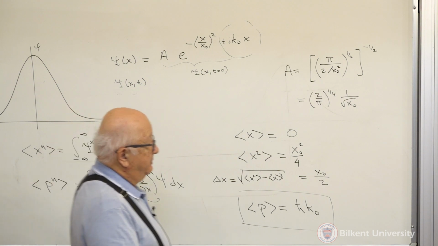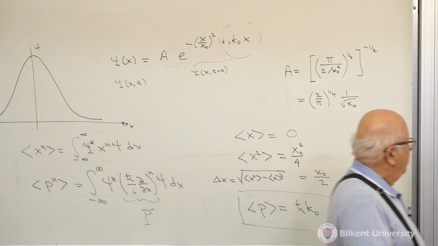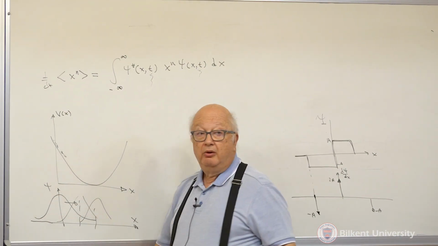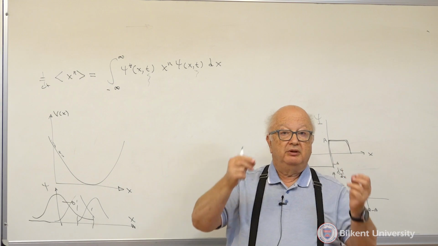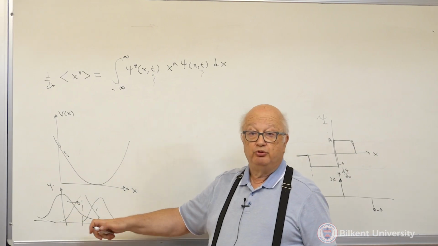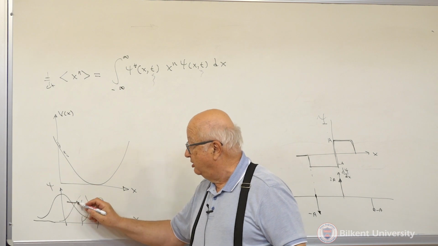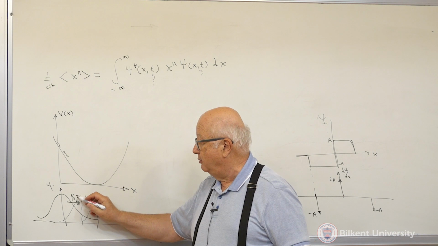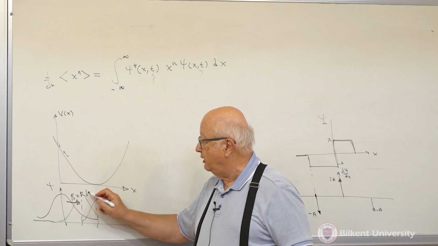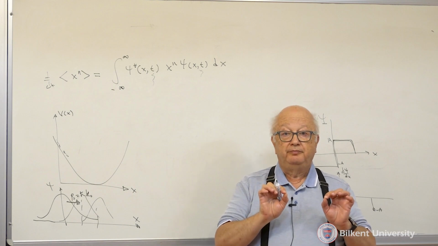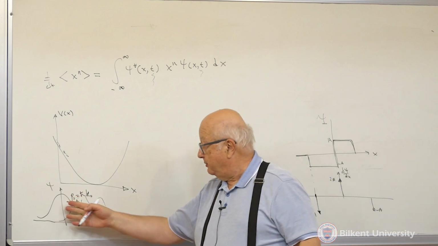So if I am specifying my particle, I specify it not only in terms of the wave function, the probability density of where to find the particle, but also it has some initial momentum. Okay, so this is p at time equal to 0, which will be equal to h bar times k0. So that's the initial momentum with which the particle will move.